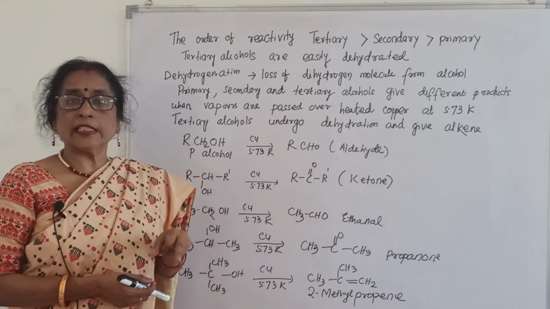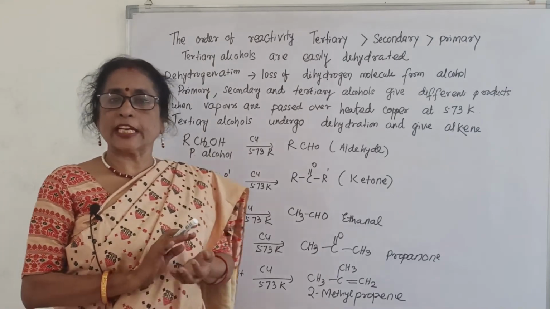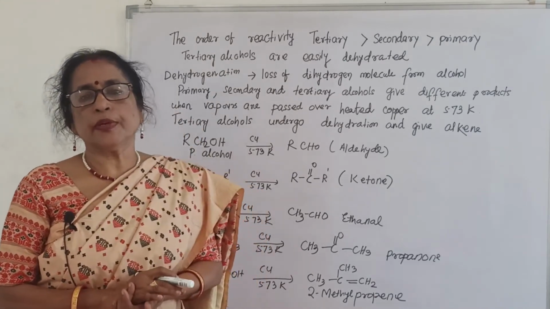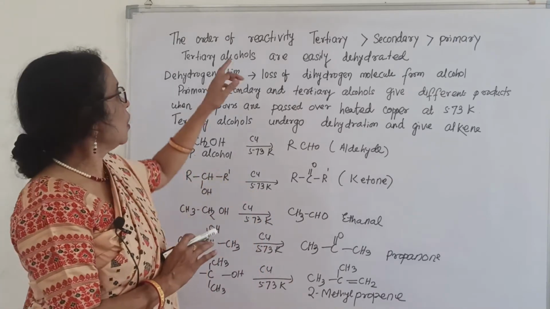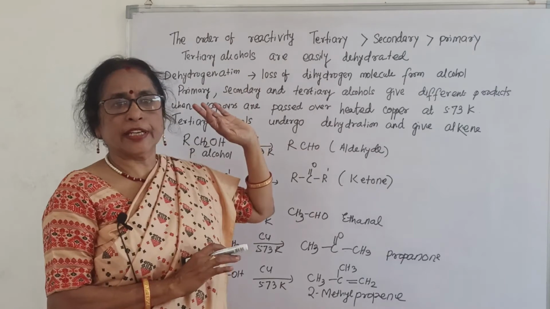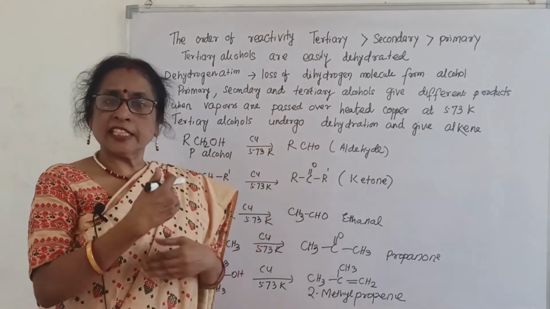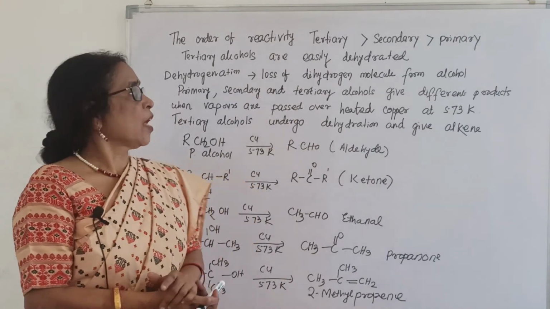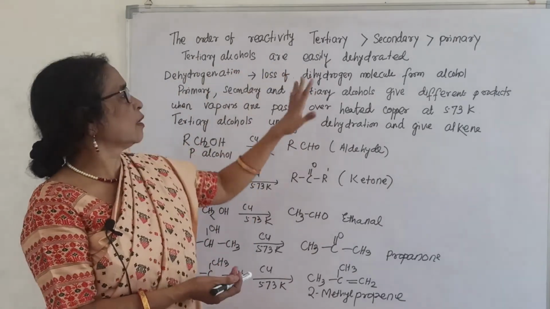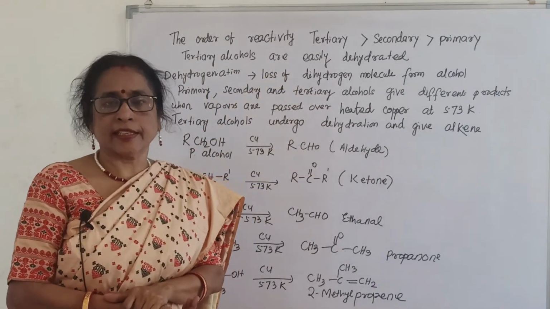Dehydration takes place in presence of protic acid, for example sulfuric acid and phosphoric acid. Actually the order of reactivity is tertiary alcohol easily dehydrated, then secondary, then primary.